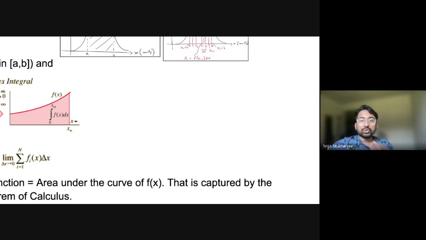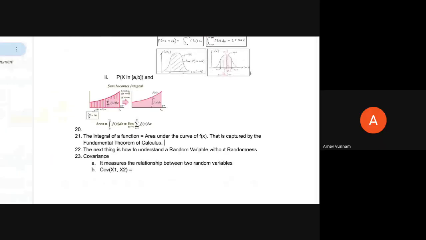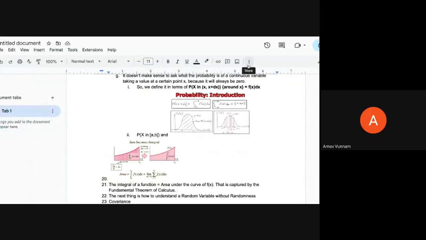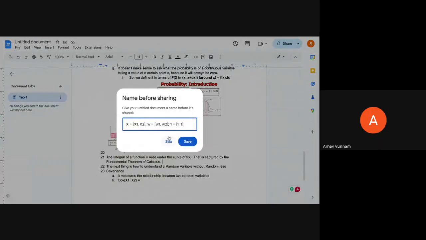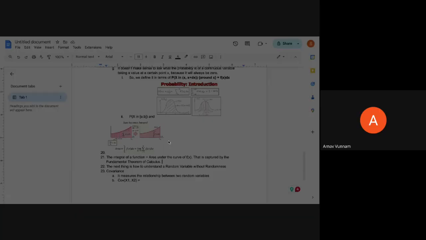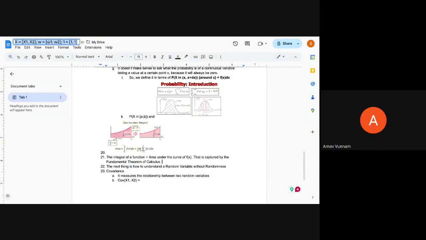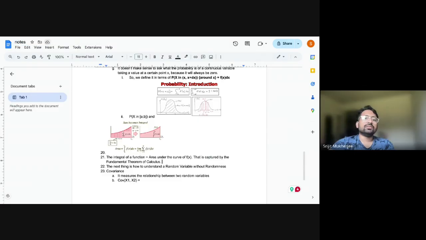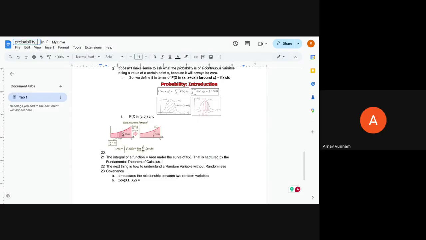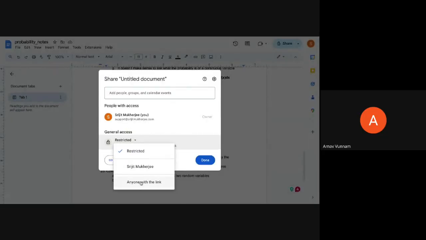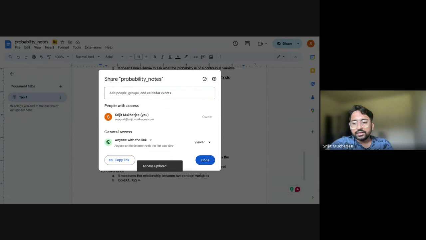Do you want to access it right now? After class I can review the stuff. You want to refer to these notes live in class? Okay. Let me share it with you. I will call it probability notes. Sure, I will share it with you right now in the group chat. Thank you.